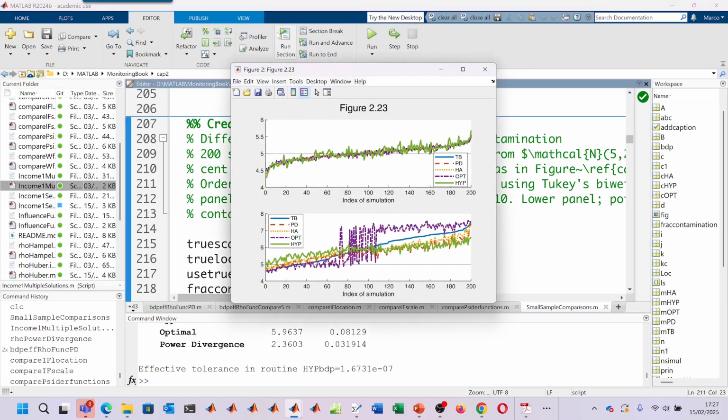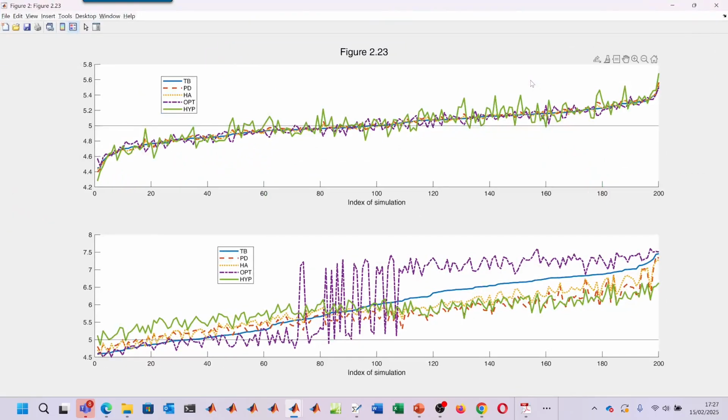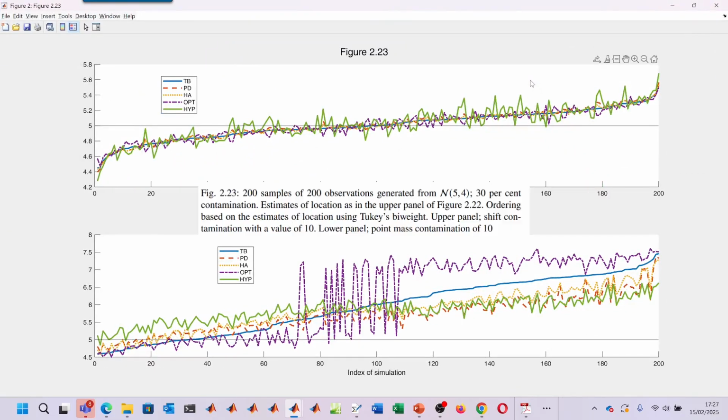Now we move to figure 2.23. The purpose of this figure is to understand and appreciate the effect of two possible contamination schemes. In the literature of robust statistics, you have the shift contamination, where a fraction of the data is contaminated by adding a certain constant, and you also have the point mass contamination. In this second case, a fraction of the observations becomes equal to a particular number.